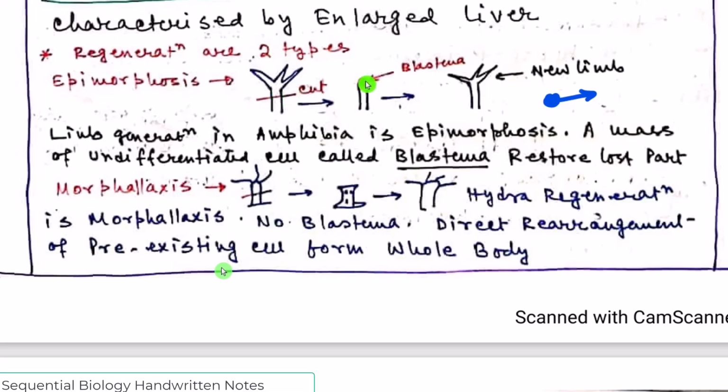This is an undifferentiated tissue region, and this blastema will generate the finger portion. This process is known as epimorphosis. Not a total organism, but body parts of an organism are developed by the process of epimorphosis.